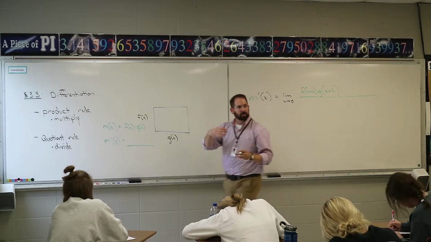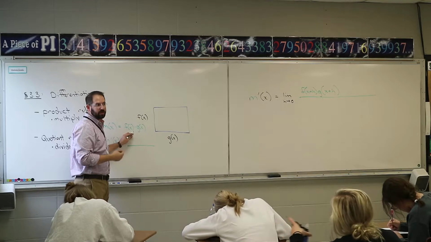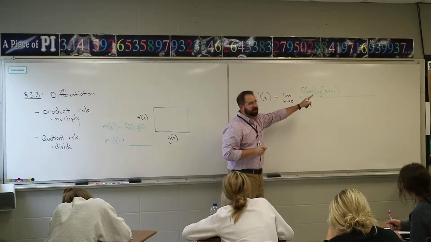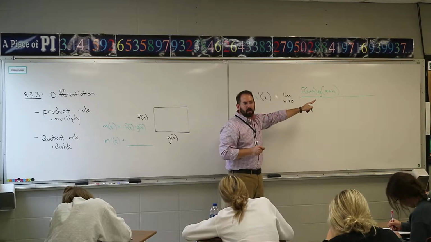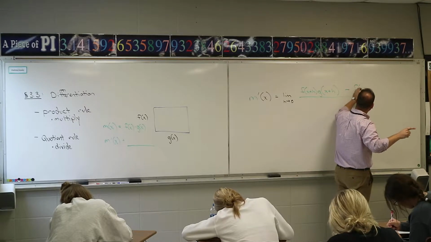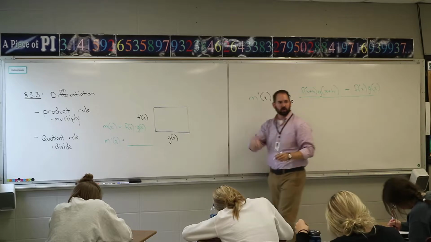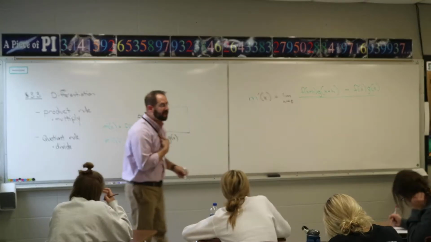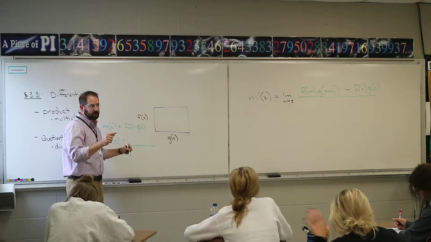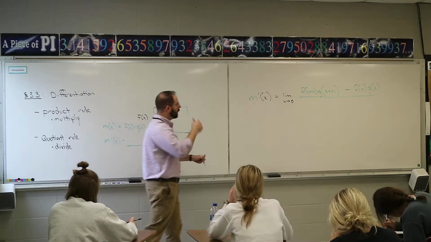It's the normal thing we do, because this is my overall function, the monster I'm trying to find the first derivative of. And what do we have to put in the back? We have to subtract what the original function was. My original function, m of x, was f of x times g of x. So we subtract whatever the original thing was, all over h.